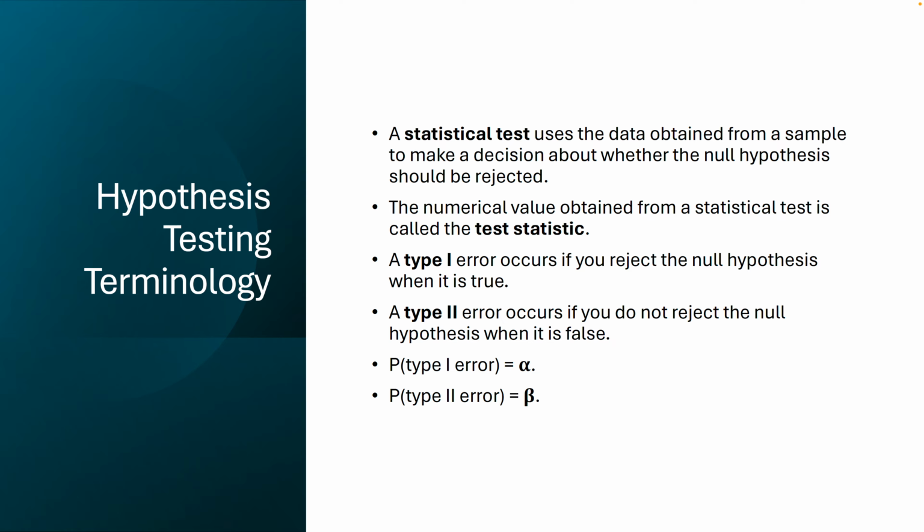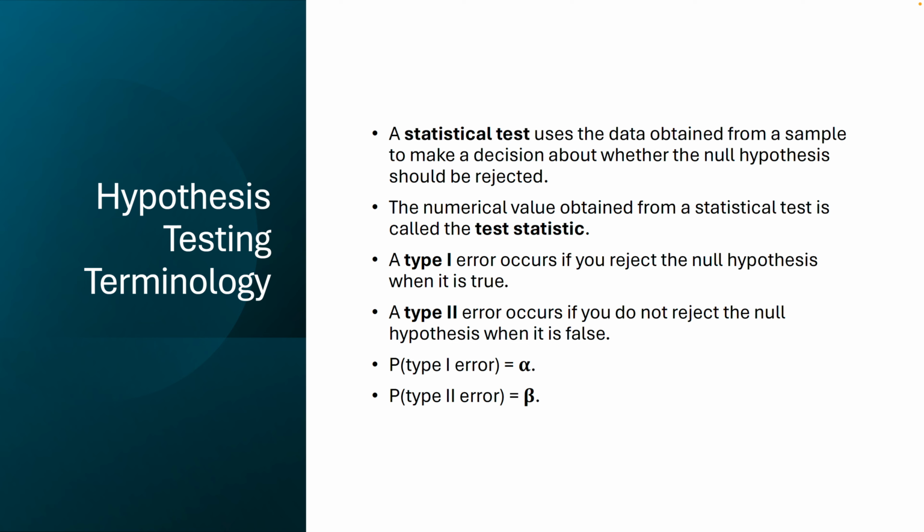Type 1 error is the risk of rejecting the null hypothesis when it is true, and type 2 error is when we do not reject the null hypothesis when it is false. At no instance are we saying that we are accepting a hypothesis, whether null or alternative.